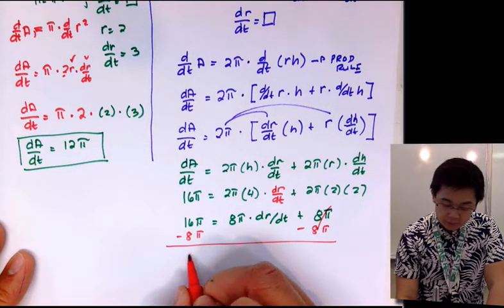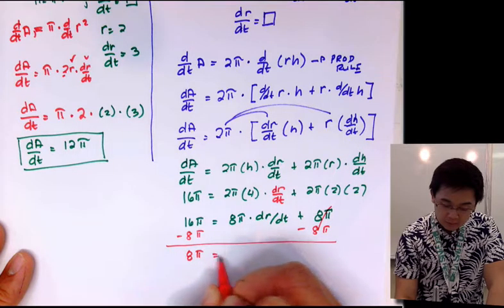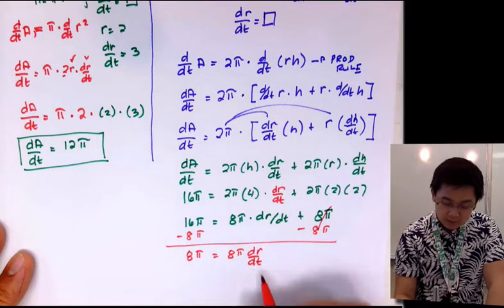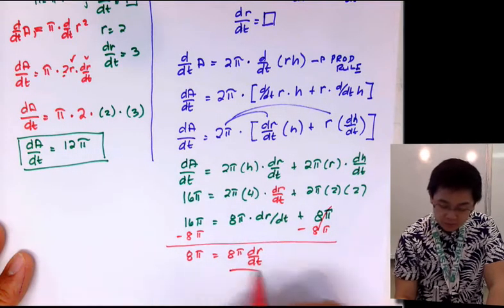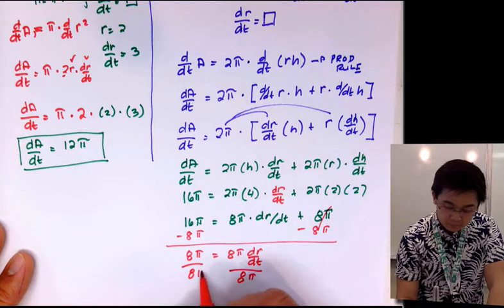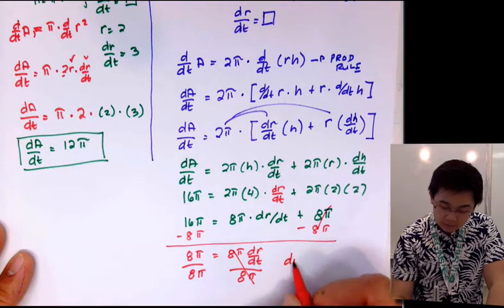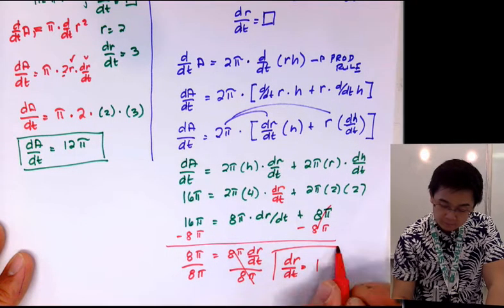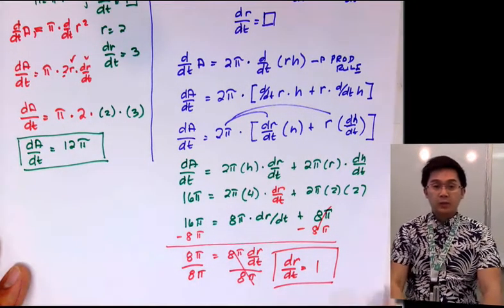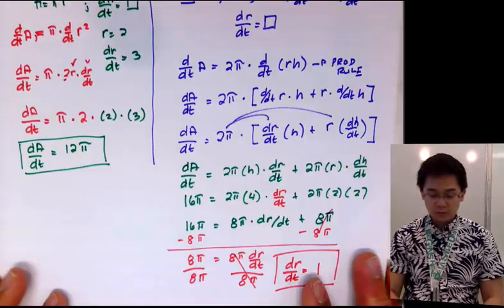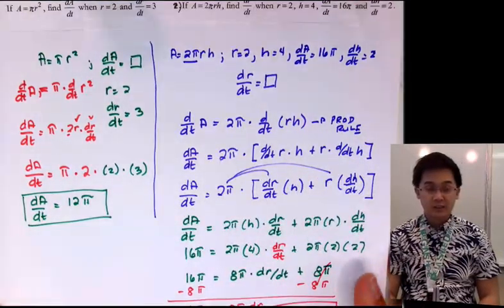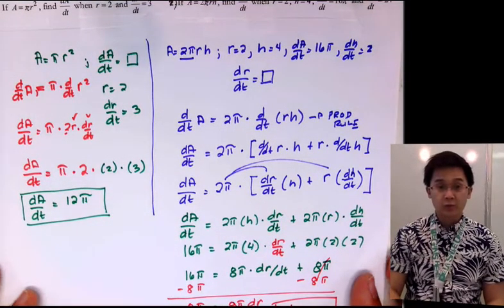So we'll end up with 8 pi equals 8 pi dr dt, and by dividing both sides by 8 pi, dr dt is simply equal to 1. So this is how we solve equations using implicit differentiation given the dr dt's, or the derivative of the function with respect to time.